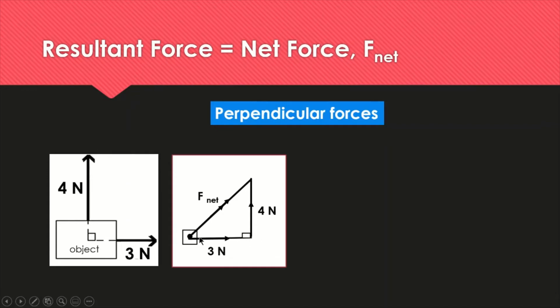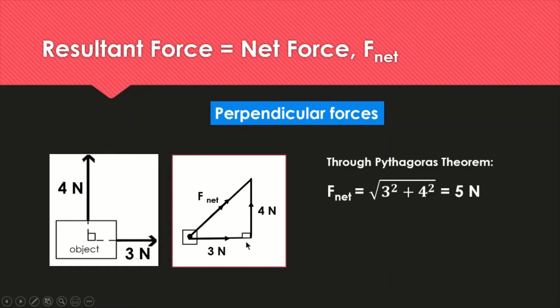But because they are perpendicular to one another, we can use Pythagoras theorem to find the net force. So we use Pythagoras theorem to calculate the net force. What about the direction? We can take theta as the direction of the net force, and we can calculate theta by using trigonometry.